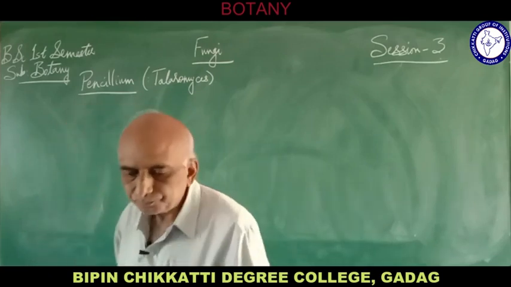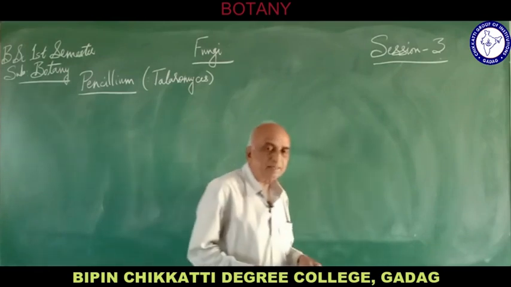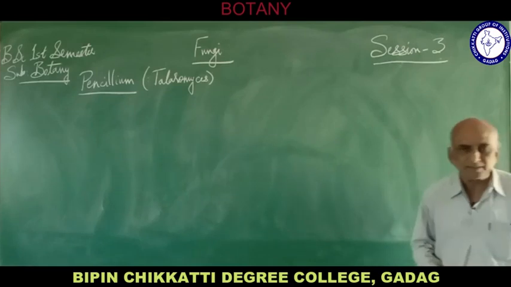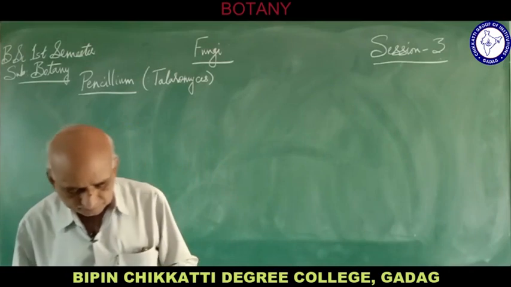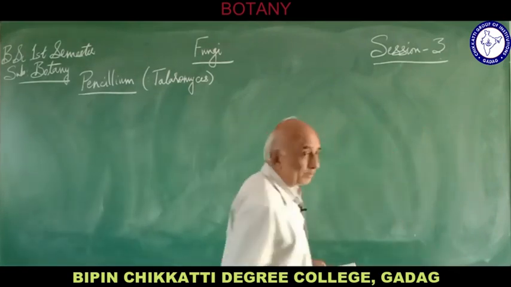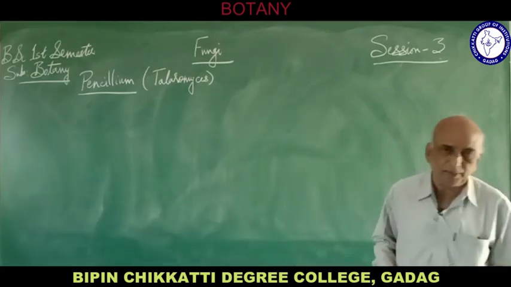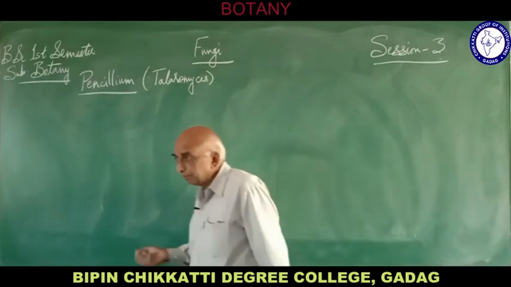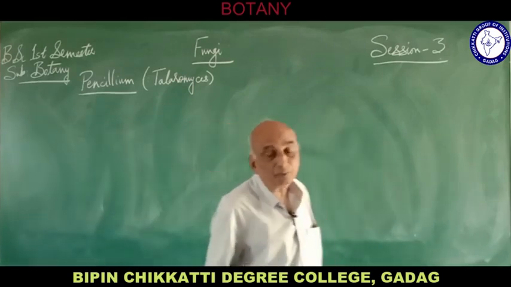Now this Penicillium is purely a saprophytic fungus. However, there are certain species of Penicillium which are parasitic and cause various diseases. This Penicillium is commonly called green mold or blue mold. Rhizopus is called bread mold, and Penicillium is called green mold or blue mold.